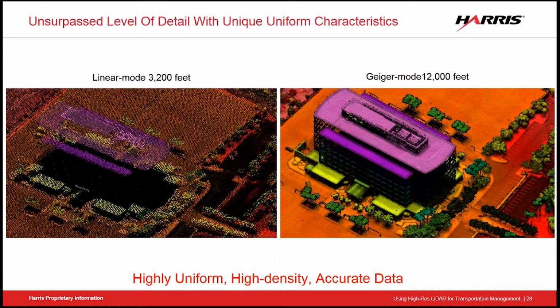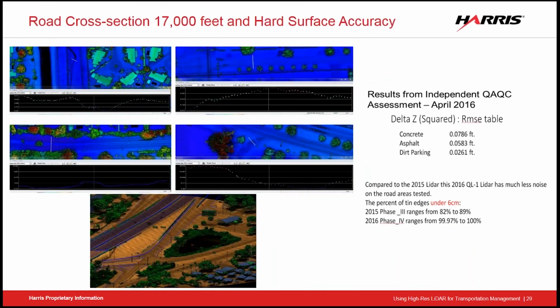This particular example here is one that was done in an independent study when it comes to the results, if you will, from the vertical on the hard surface. So again, it was compared to a linear, and we were flying this at, I think it was 17,000 feet, I believe.